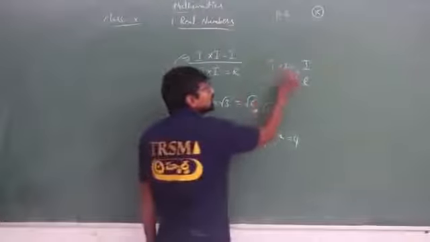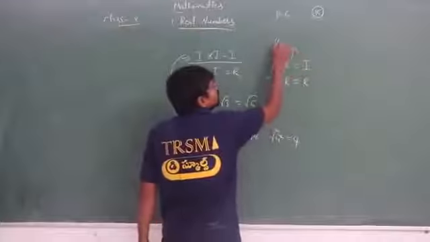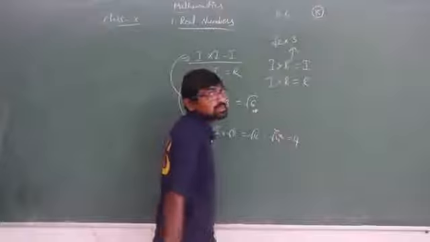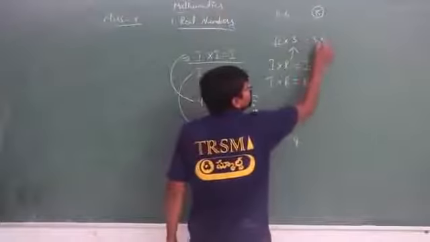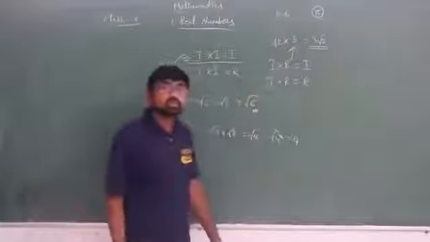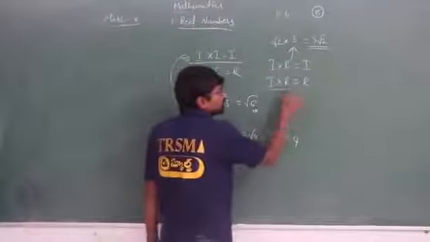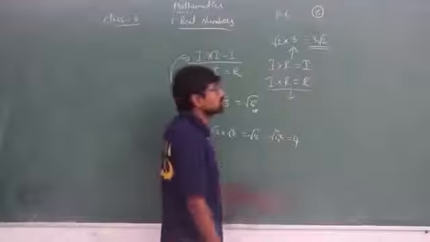Yes, absolutely. If I take the first example, root 2 into, if I take rational number as 3, how much am I getting? 3 root 2. Is it an irrational number? Yes, absolutely, it is an irrational number. Now, coming to this irrational into rational being rational, is it possible?